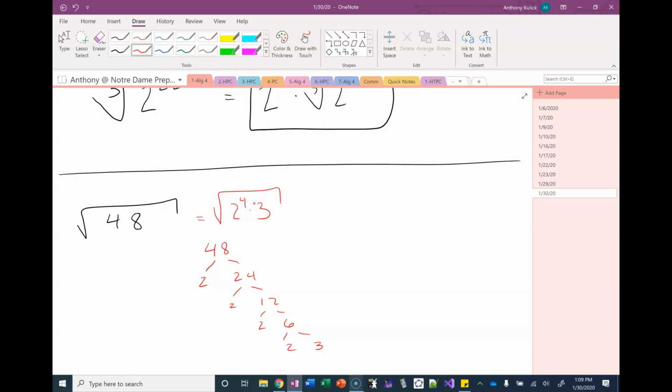What is the exchange rate on this problem? It's 2. How did you know that? It's a square root, right? If there's no index written, we know the index is 2. So how many of the 2's can we trade in? We can trade all of them in and get 2 2's coming out, right?